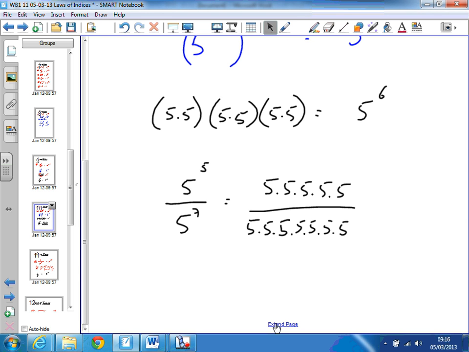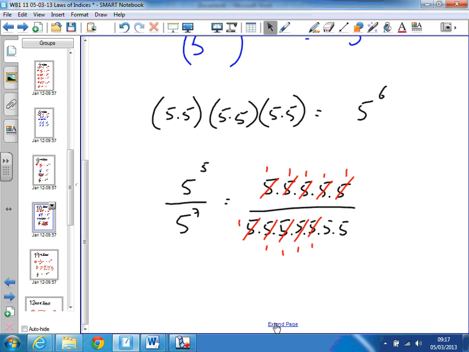Again, we can replace a 5 on the top and bottom with a 1. 5s into 5 goes once, top and bottom, and so on. Incidentally, if you're cancelling like this, you might not always write the 1, but it is a 1. It's not 0. You're not getting rid of it altogether. You're just replacing it with a 1.